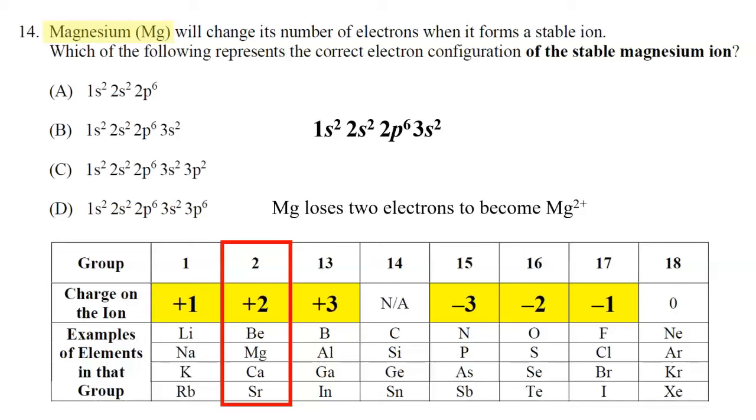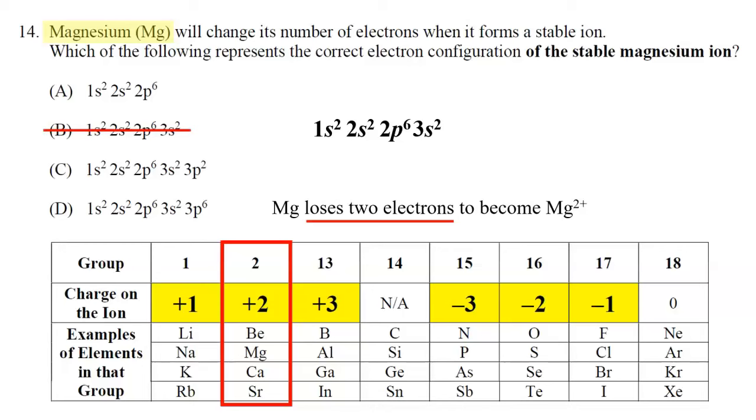So the correct answer to question 14 is not choice B, since we know, based on where magnesium is found and that pattern of charges on ions, that magnesium loses 2 electrons to become a stable ion. We're going to remove the 3s2 portion of that electron configuration since it loses 2 electrons.